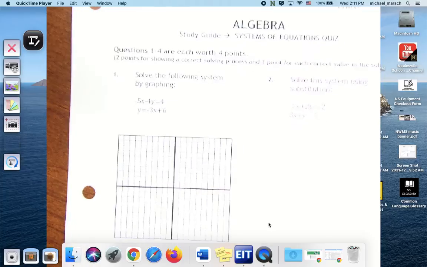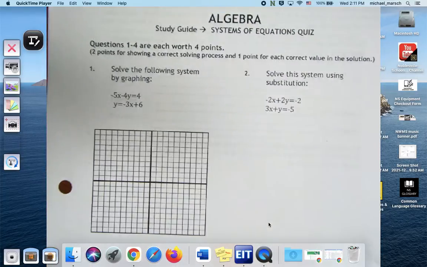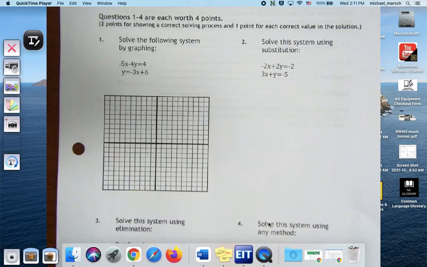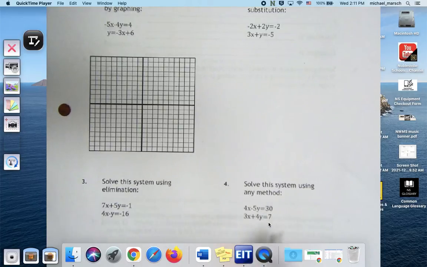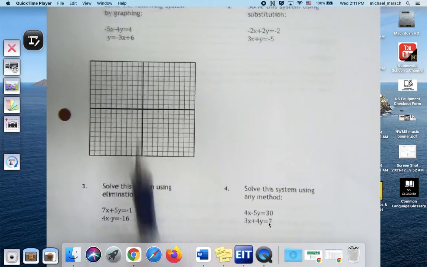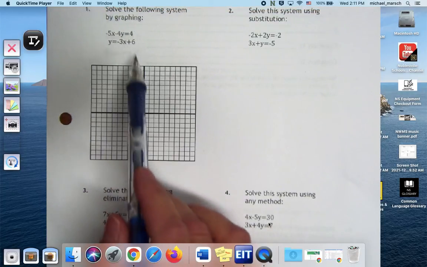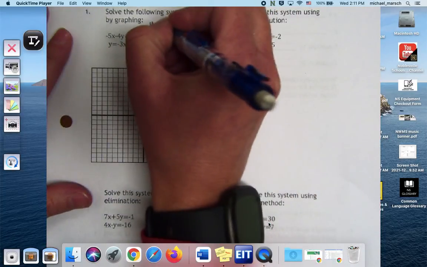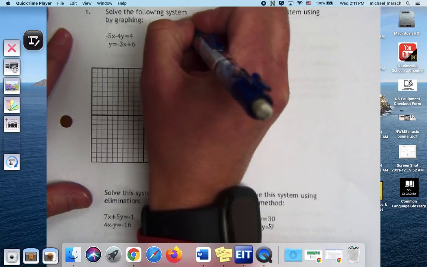Okay, so let's make sure you understand what's happening here. I'm pretty sure I explained that on the quiz you'd have to show me each method, and then you get a choice method. So graphing, what do you need in order to graph them? Yep. y equals mx plus b. Don't forget that.